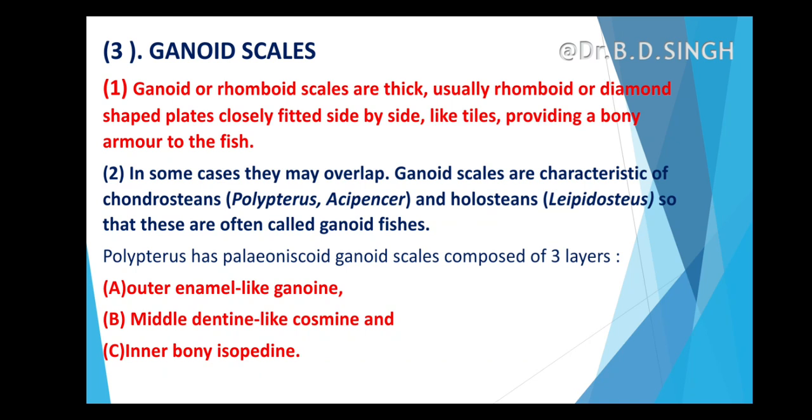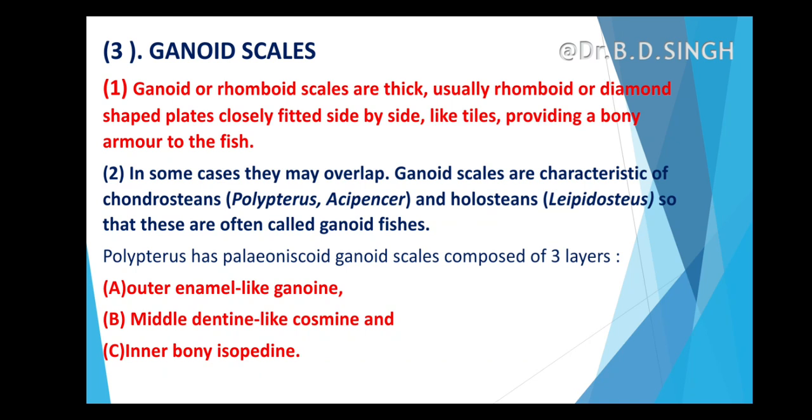Polypterus has palaeoniscoid scales composed of 3 layers: A. Outer enamel-like ganoine, B. Middle dentine-like isopedine, and C. Inner bony layer. Lepisosteus has lepidosteoid ganoid scales with only 2 layers: A. Outer ganoine and B. Inner isopedine.